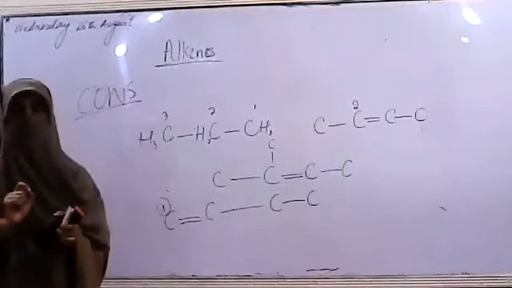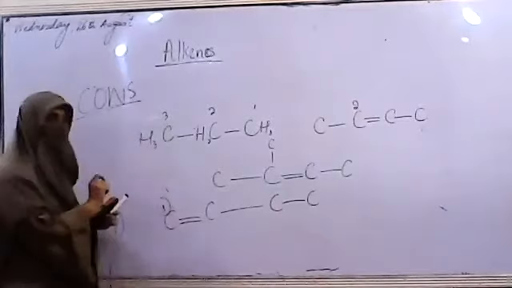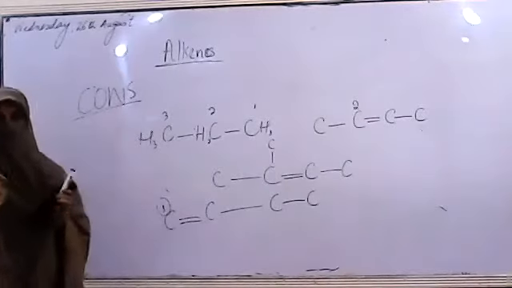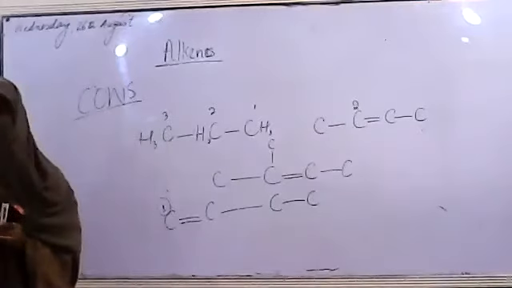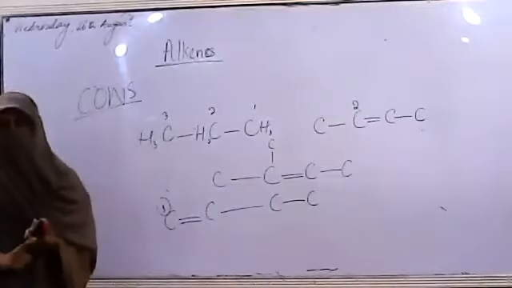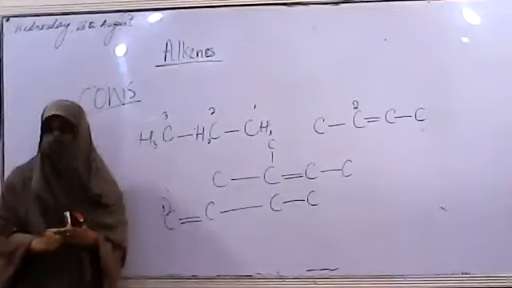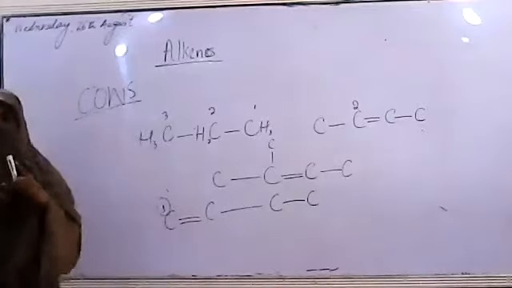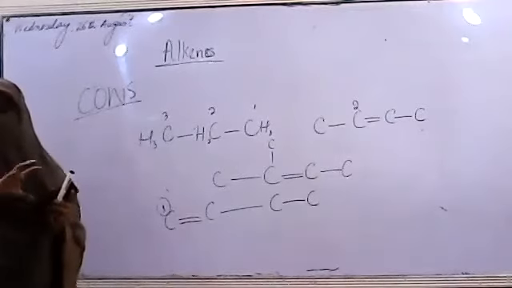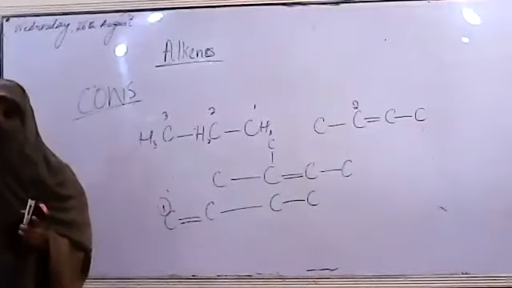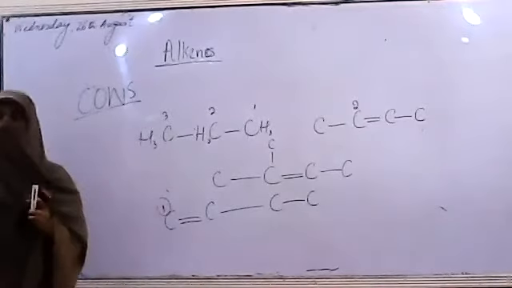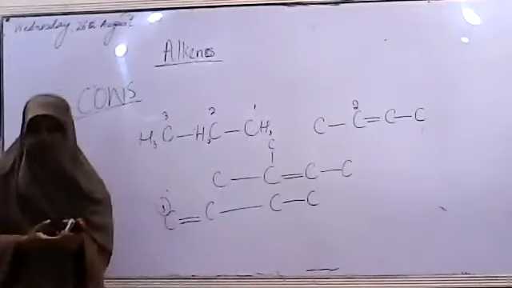Some students are confused about isomerism in alkenes because they think only the double bond position changes. Just remember, the double bond position does change, no doubt, but even if the double bond position is the same, if the chain length or the position of the substituent changes, that compound will also be an isomer.